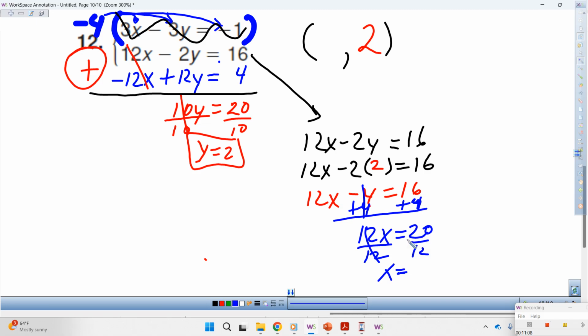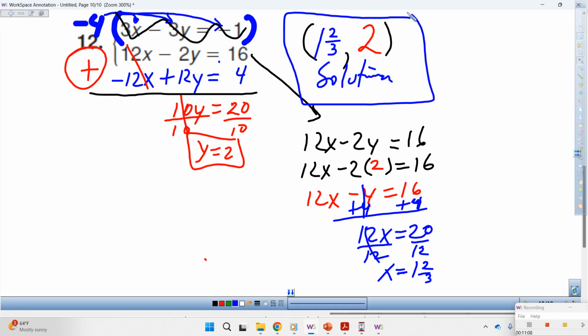Looks about right. So that gives us 1 and 8/12, which is 2/3. 1 and 2/3. Solution. Or 1.6.